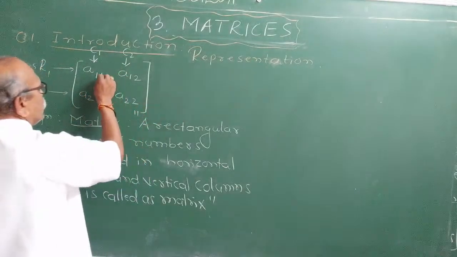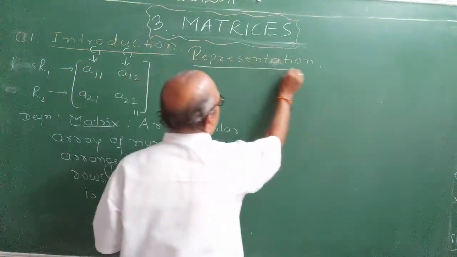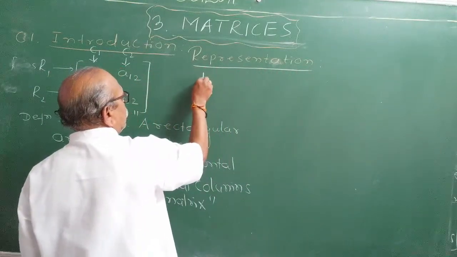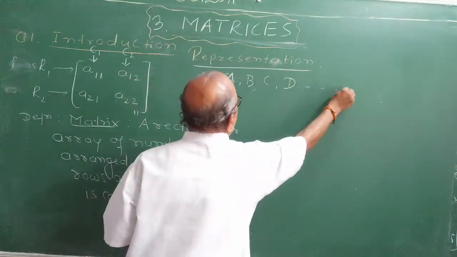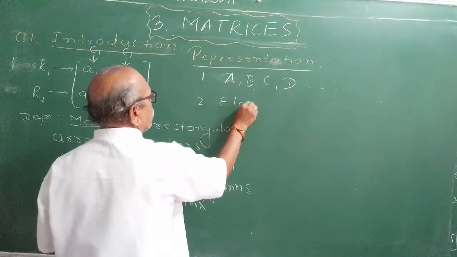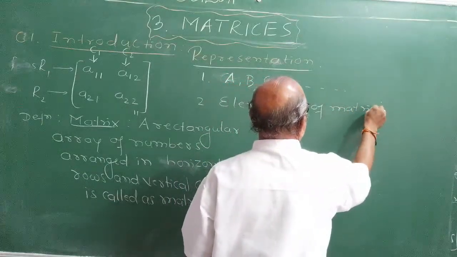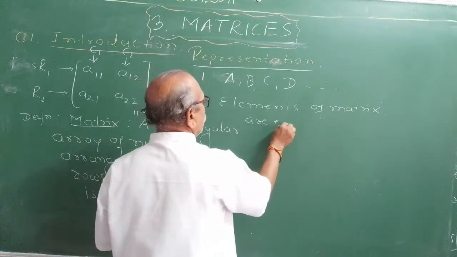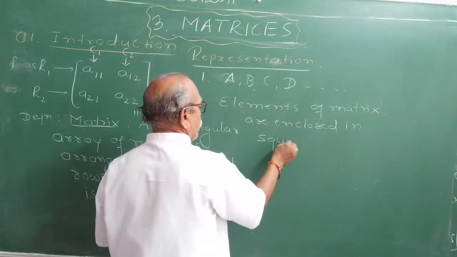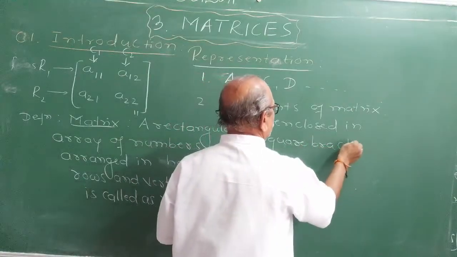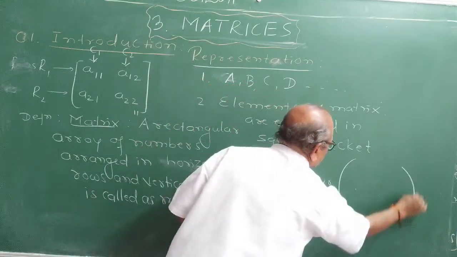A matrix is represented by capital letters A, B, C, D, and so on, and the elements of the matrix are enclosed in a square bracket like this, or sometimes it can also be written like this.